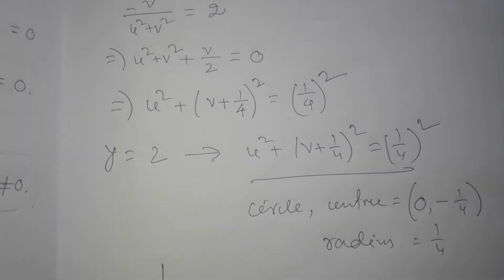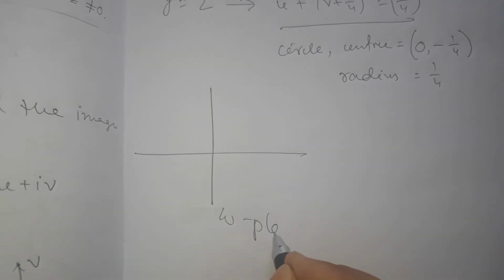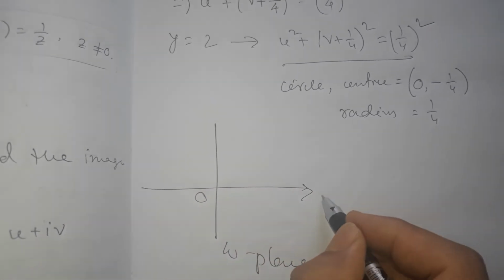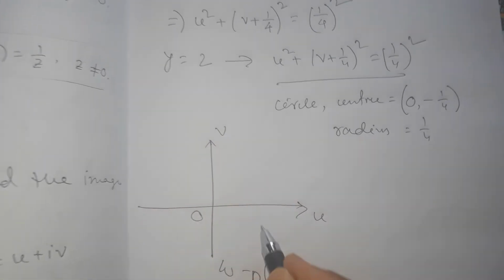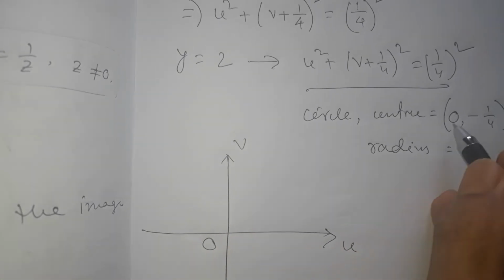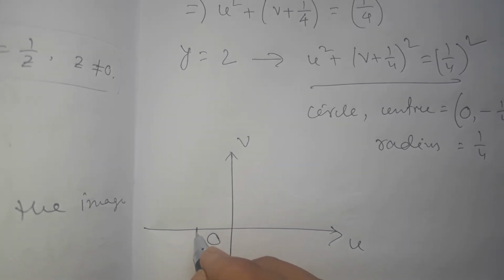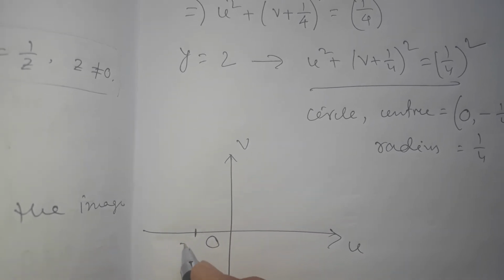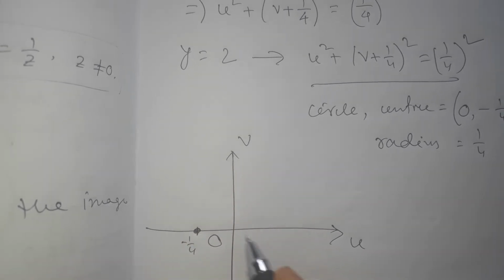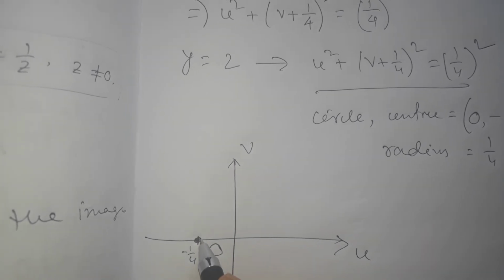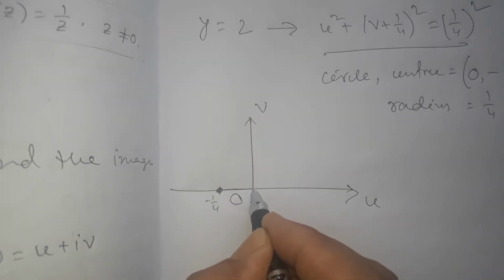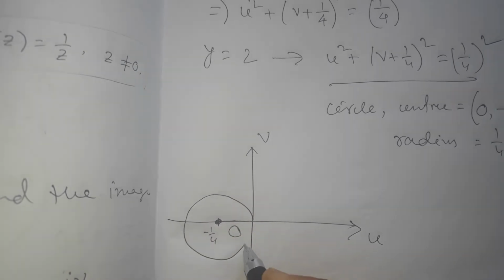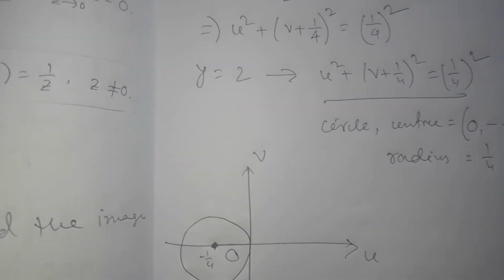So in the w plane, this is u, this is v, and the center is at 0, minus 1 by 4. The radius is 1 by 4, so it will go up to here, and that is your circle.